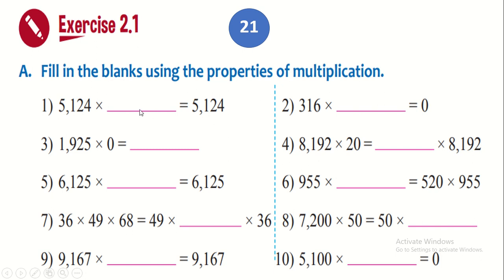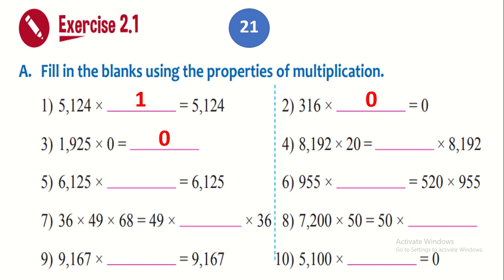The answer is 1. Number 2, 316 times 0. The answer is 0. I give you any number multiply by 0 is 0. Correct, students? Number 3, multiply by 0, the answer is 0.